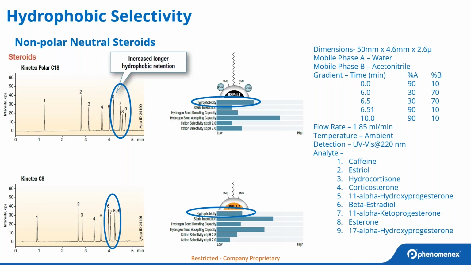Here we are having trouble separating 8 and 9, and we need a stronger interaction for hydrophobicity in order to separate these compounds. When we change from a C8 to a C18, the longer alkyl chain provides more hydrophobic interactions, and we can finally get separation of those two analytes.